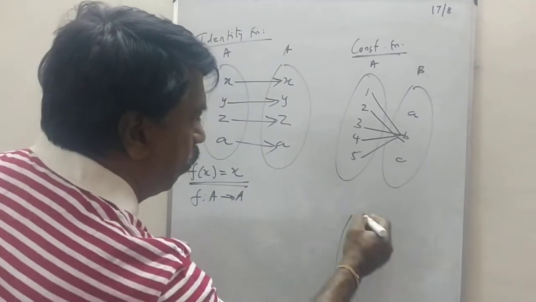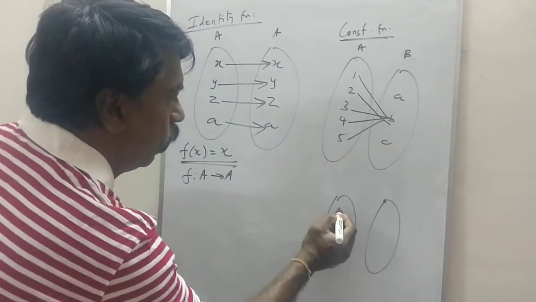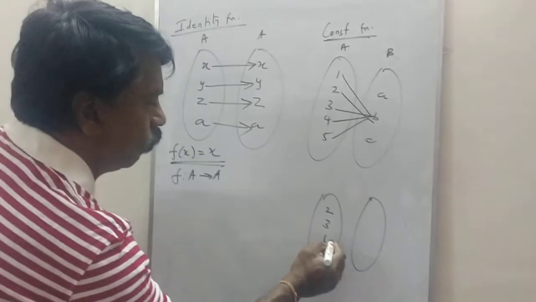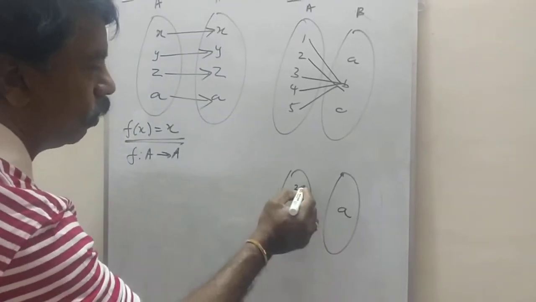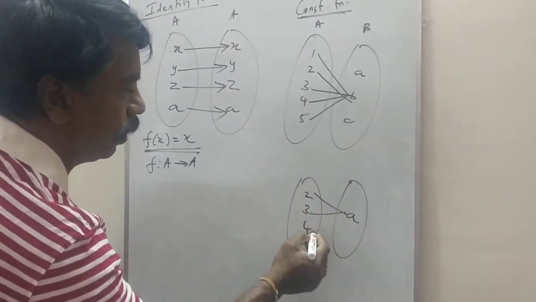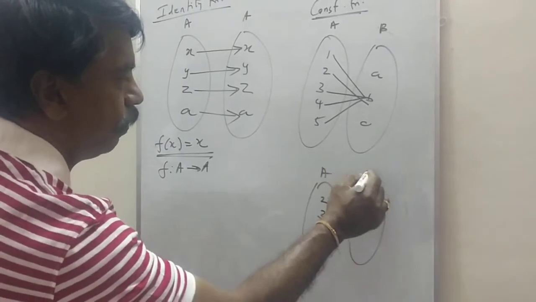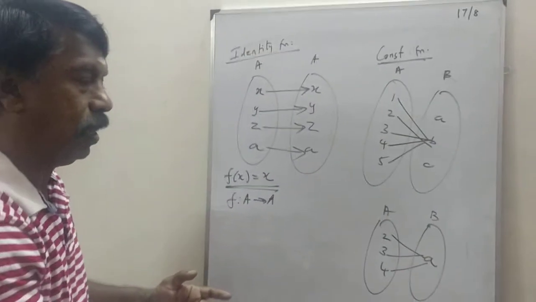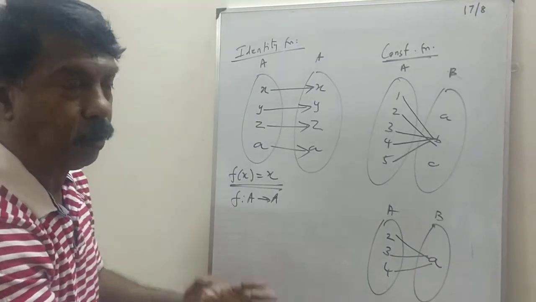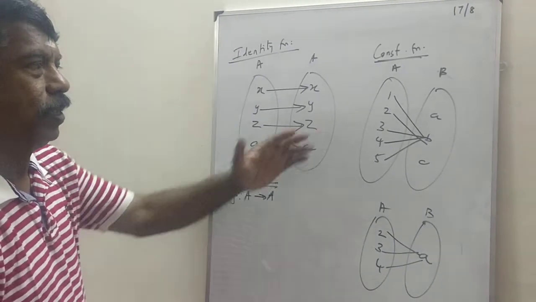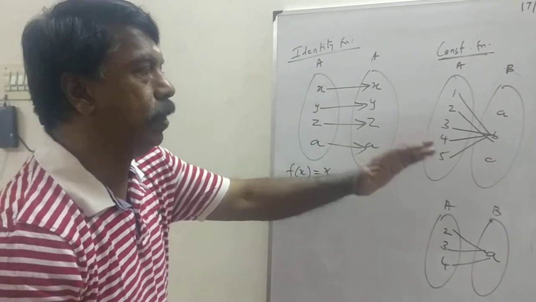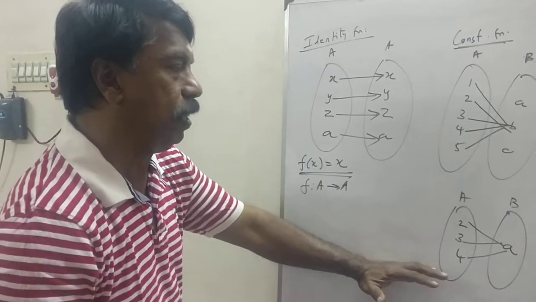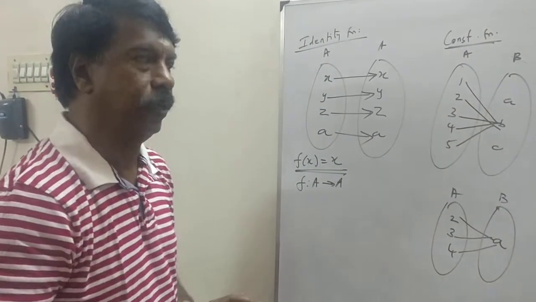I can give an example for many-to-one, that is 1, 2, 3, 4, and it is A. Now image of 2 is A, image of 3 is A, image of 4 is A. Now also it is a constant function, but it is onto function. Therefore, a constant function may be an into function or even an onto function.